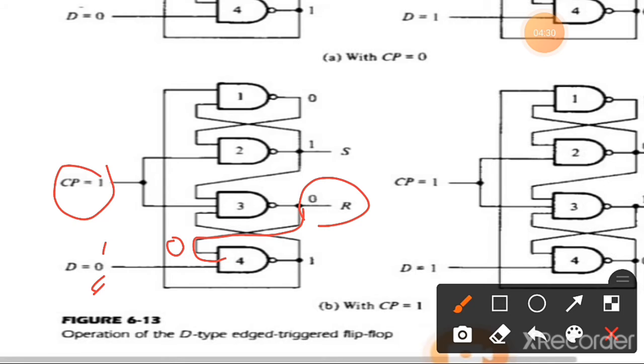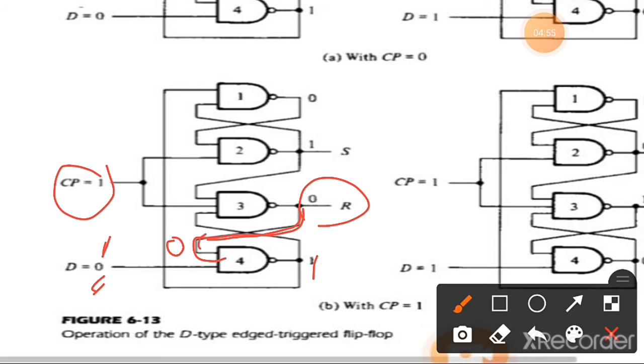If D changes from 0 to 1, what will be the output? The output will be 1. The gate 4 output will remain at 1 even if D goes to 1, since the one gate input that comes from R is maintained at 0.